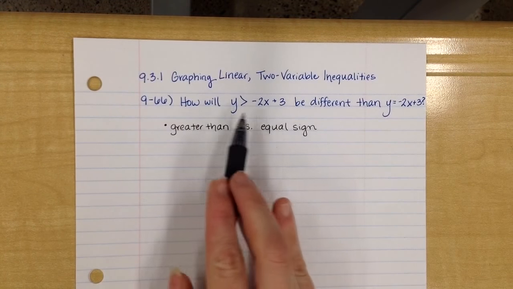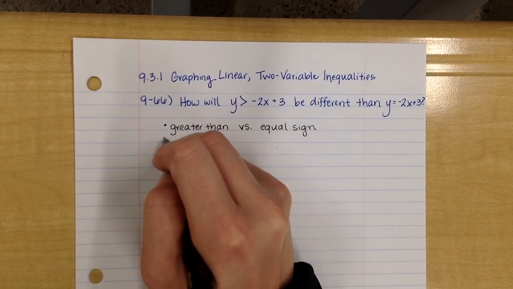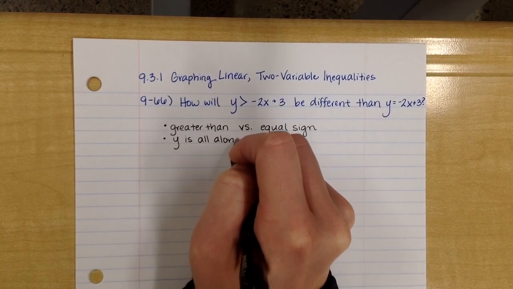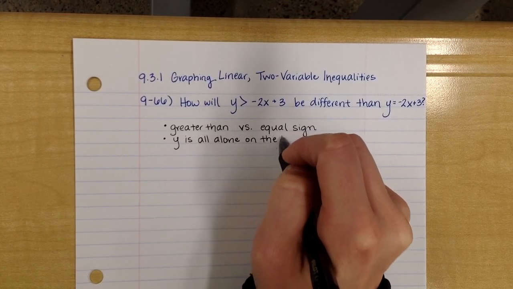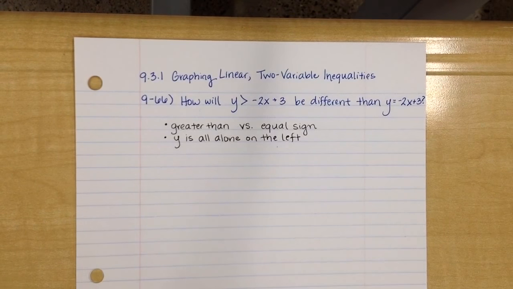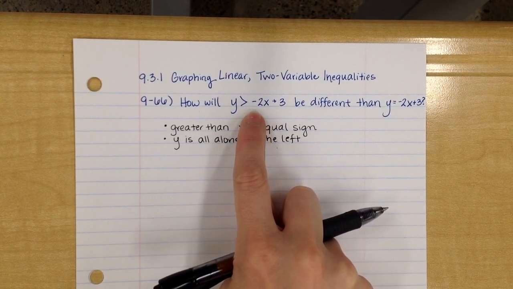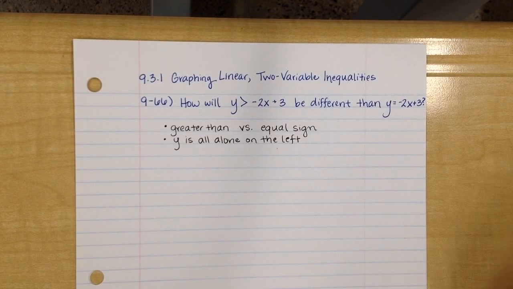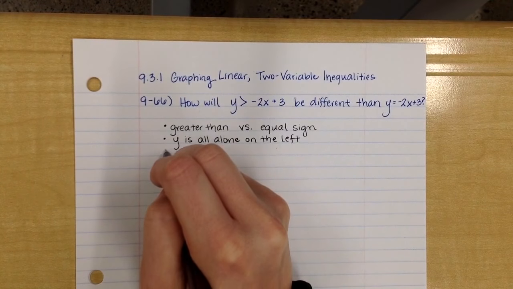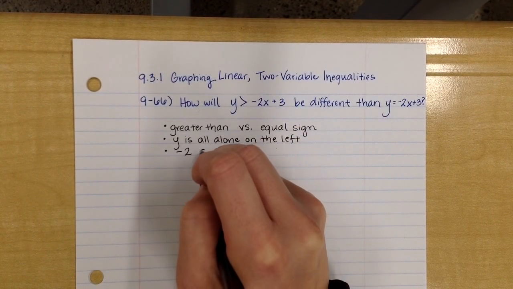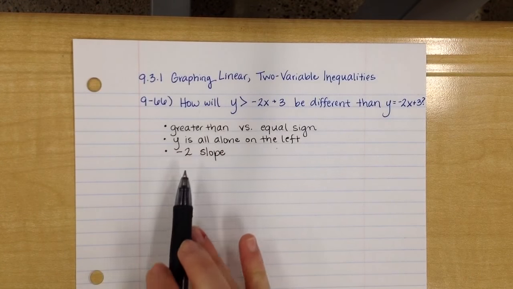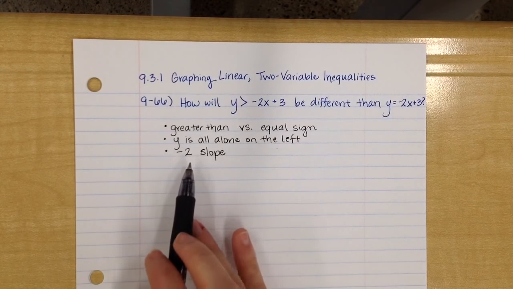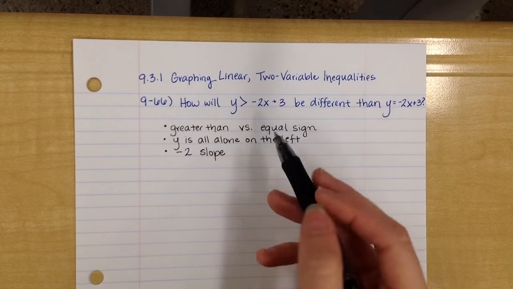Now let's take a look at the y's. It looks like the y's are still by themselves. So y is all alone on the left of the equation or the inequality. Looks like we have a negative 2x in both of them as the first term on the right side, which means we have a negative 2 slope in both situations, because the slope is always the value multiplying the x in these bivariate problems.